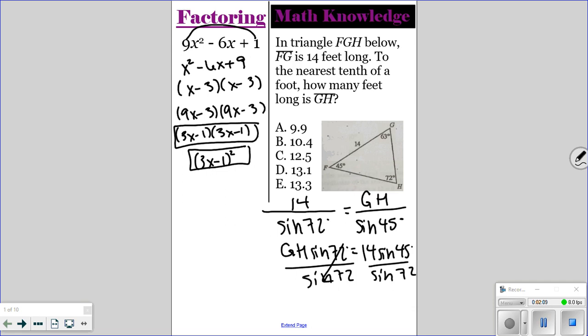And if you were in radians, you'd get like 46, which clearly is not right because it's going to have to be less than 14 since 14 is opposite the largest angle. So if you were in radians, hopefully you would see 46, see that it's not even up there, and then go look at your calculator from there. So you should get 10.4089, and so B is going to be the answer you'll pick.